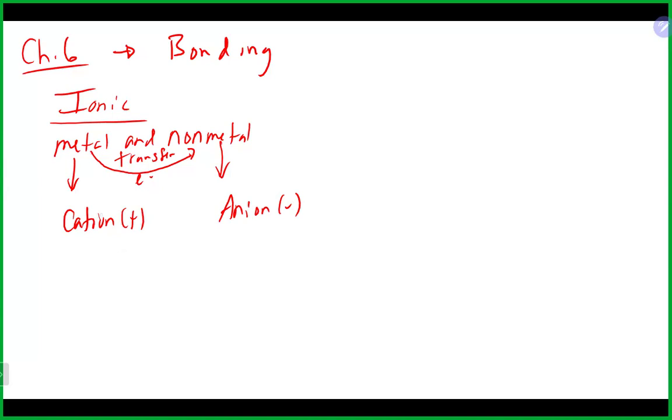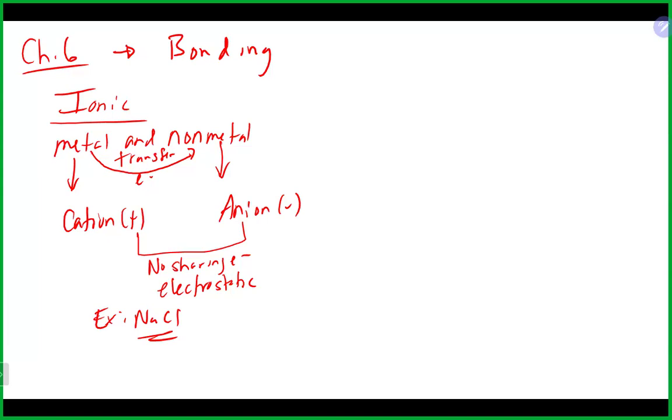The important thing about an ionic bond is to remember that there is no sharing of electrons here. It is the electrostatic attraction, which again is a fancy way of saying opposites attract. The positive charge is attracted to the negative charge, and that's what holds that unit together. Sodium chloride, for example, is an ionic compound. That is a metal and a non-metal.